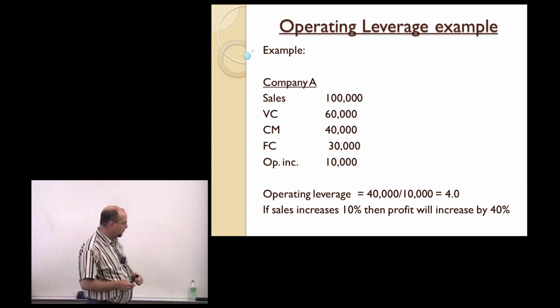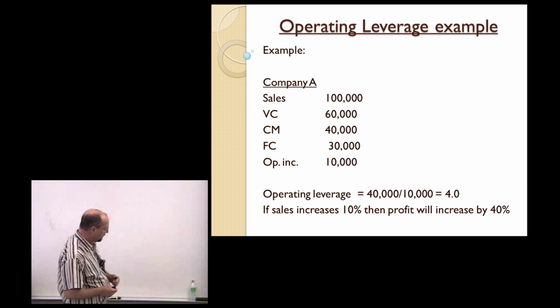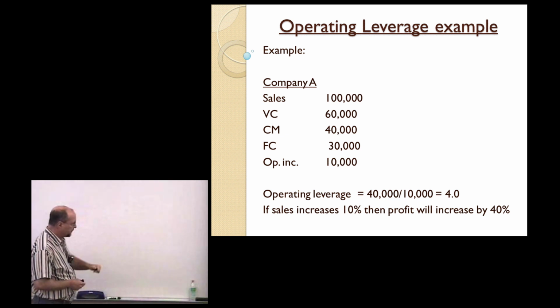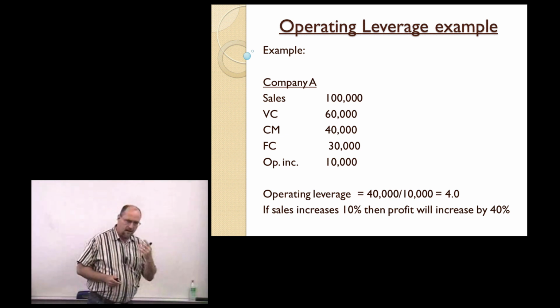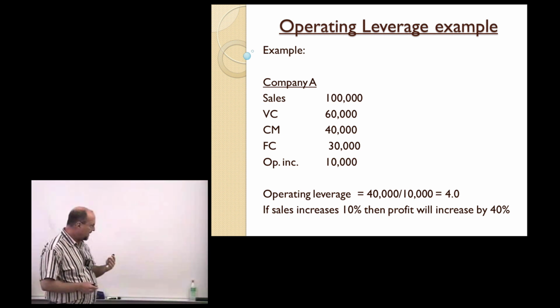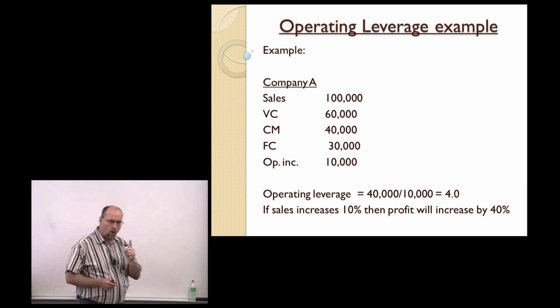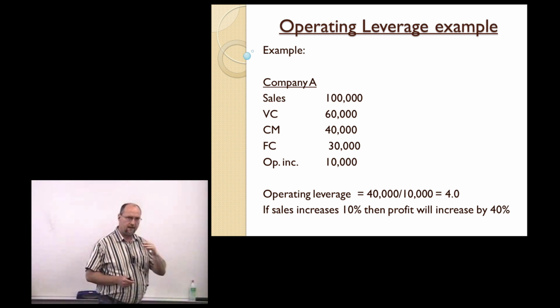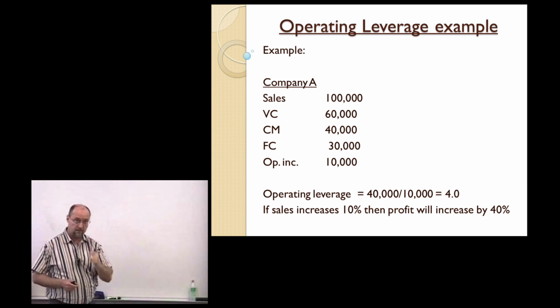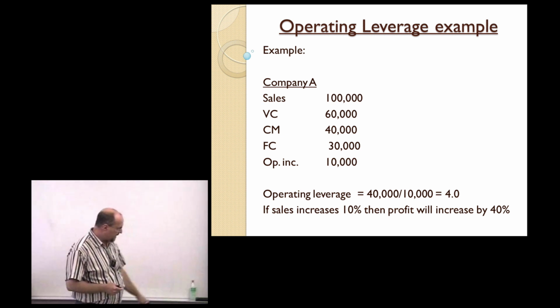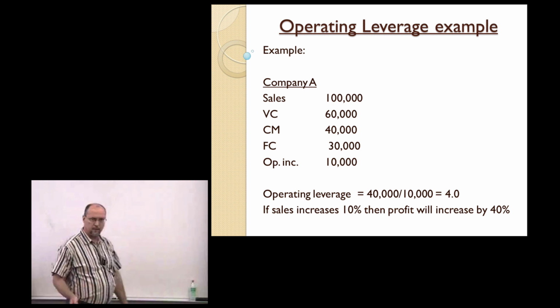Total fixed cost is 30,000, operating income 10,000. Therefore, 40,000 contribution margin divided by operating income of 10,000, this company has operating leverage of 4. And what that means is, for every 1 percentage point that revenue increases, operating income will increase 4 times as much. If sales increase 10%, profit will increase by 40%.